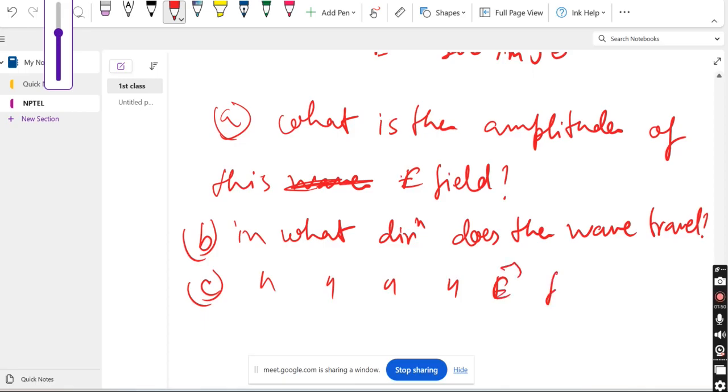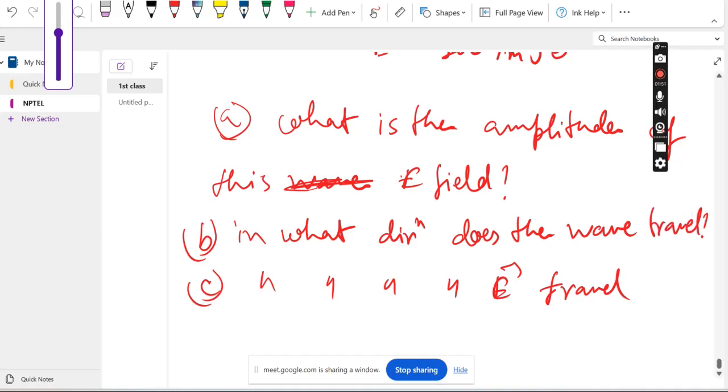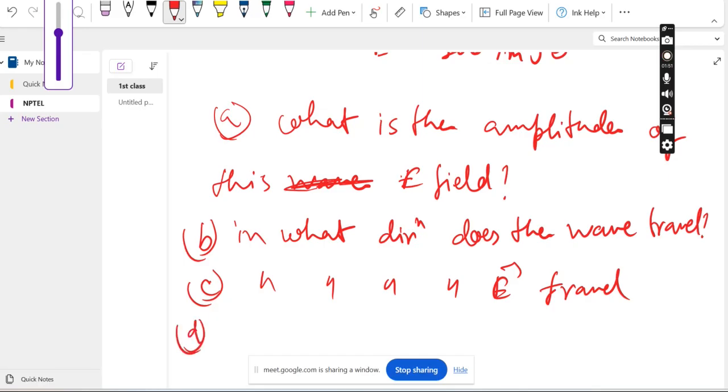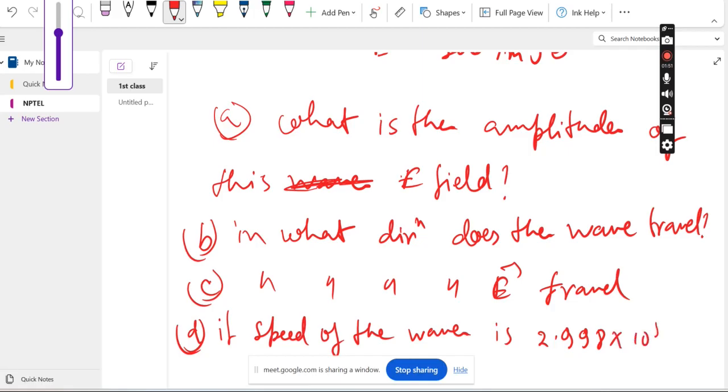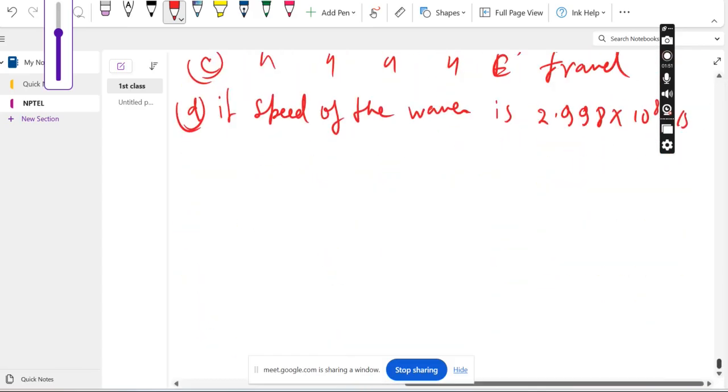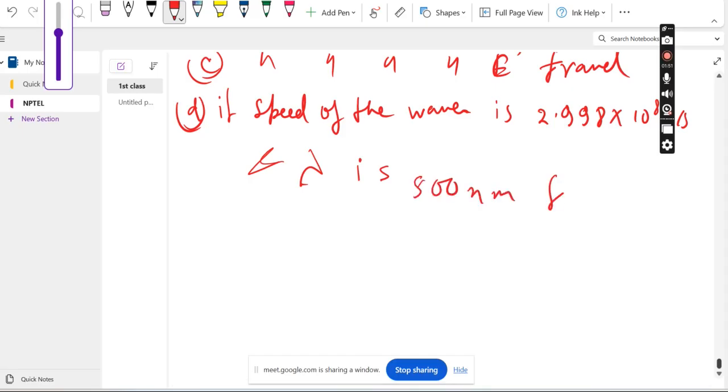If the speed of the wave is 3 into 10 to the power 8 meter per second, and lambda is 500, find the frequency.